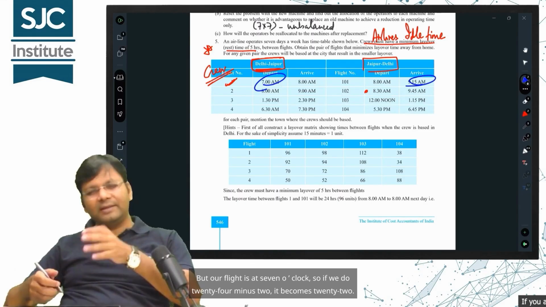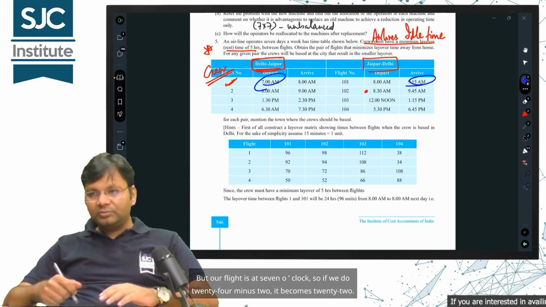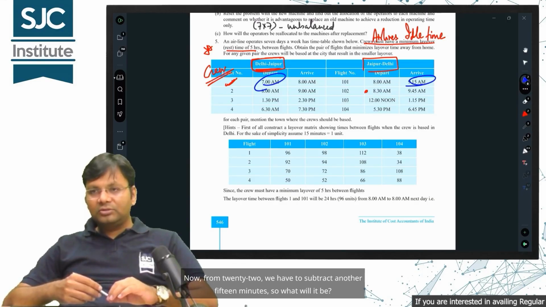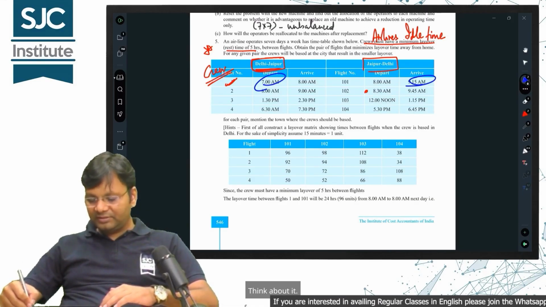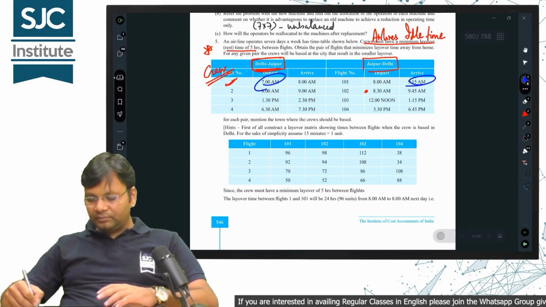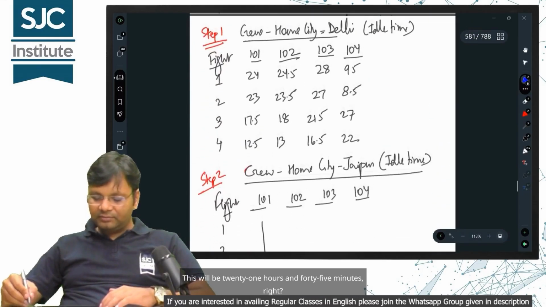But our flight is at 7 o'clock, so if we do 24 minus 2, it becomes 22. Now, from 22, we have to subtract another 15 minutes, so what will it be? Think about it. This will be 21 hours and 45 minutes, right?